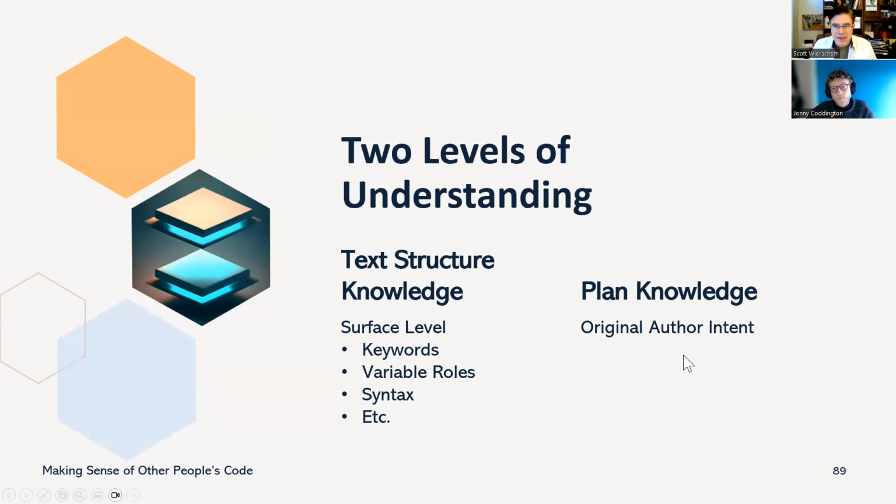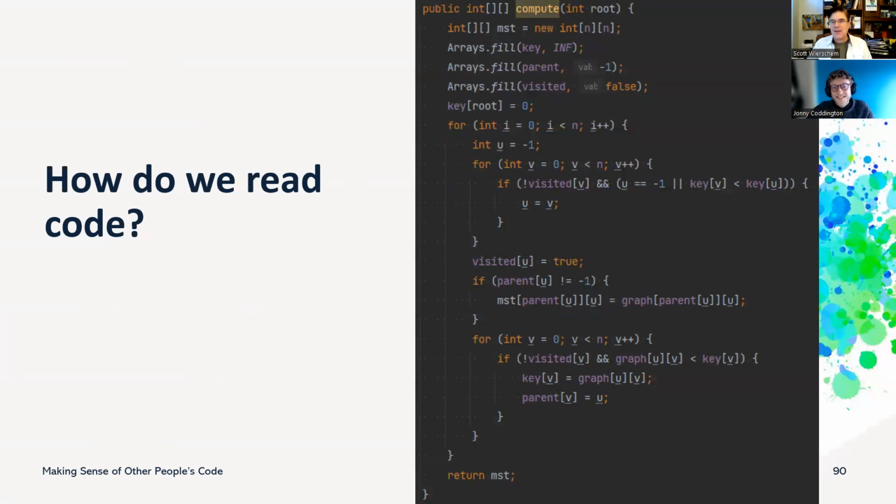And then there's plan knowledge, which is understanding what the original programmer had in mind. There are a lot of times I'll talk to somebody and I'll say, I know what you just said was English, but I have no idea what you just meant. That's kind of the question that we have here.